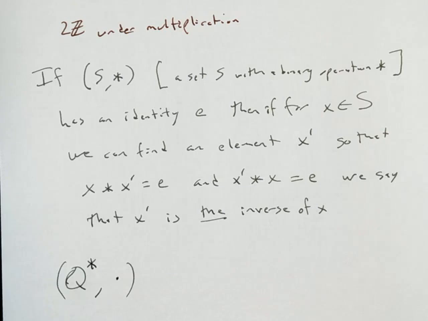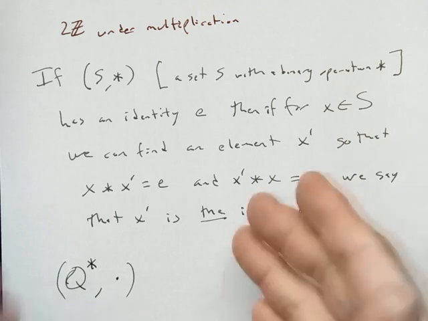So I like this idea. I might be able to fudge the set or figure out a fudge for the operation, manipulate it a little bit somehow to get me to the place where I do have inverses. But not always, right?